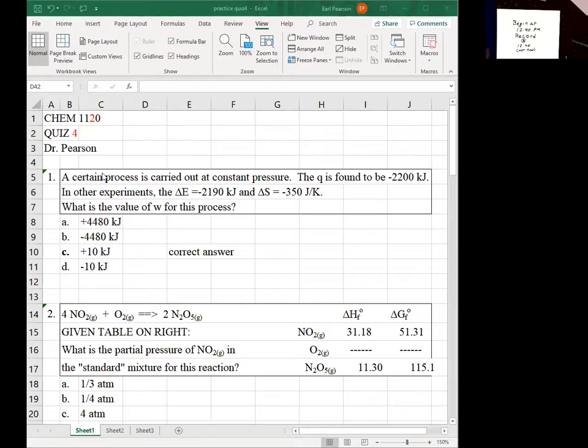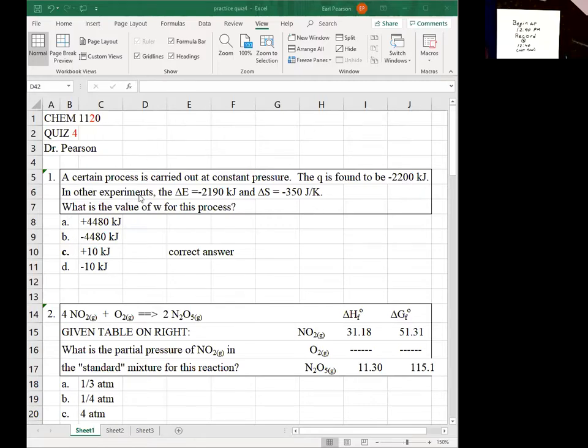Practice quiz 4, Chem 1120. A certain process is carried out at constant pressure. The Q is found to be minus 2200 kilojoules.